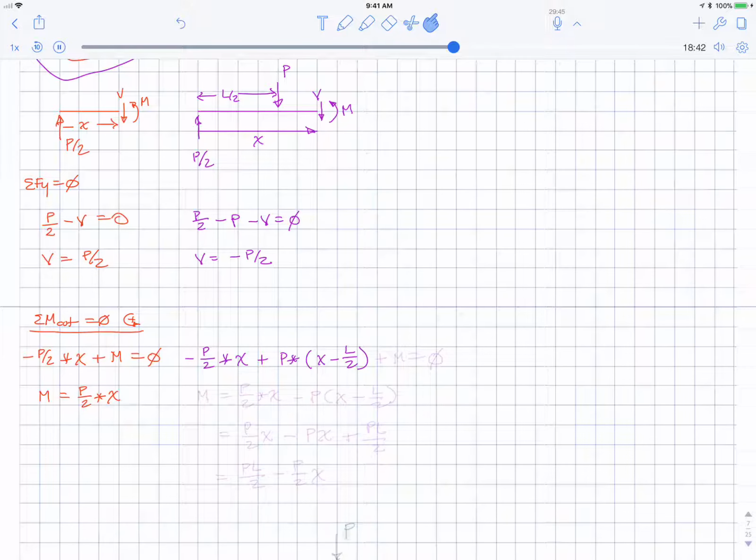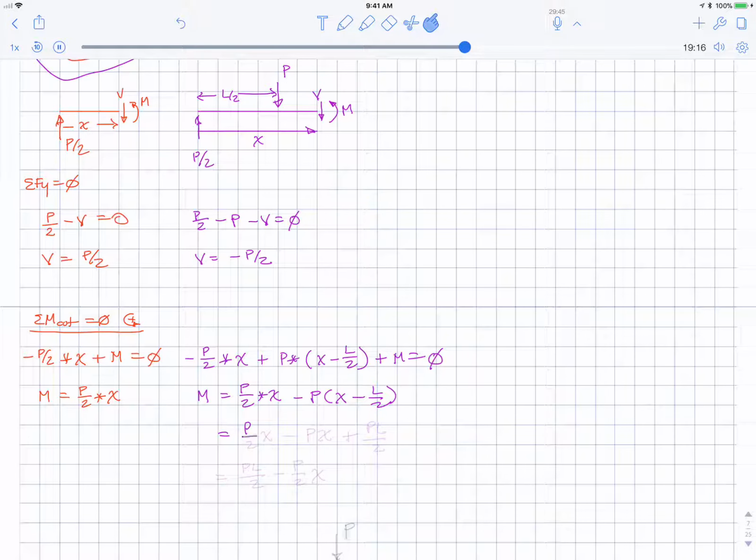That's that little leftover distance. It's X to the cut, and P is L over 2 from the left end, so the distance from the cut is X minus L over 2, and that's going counterclockwise around the cut, so positive, and we have plus M equals 0. Solving for M, we get M equals P over 2 times X minus P times X minus L over 2.